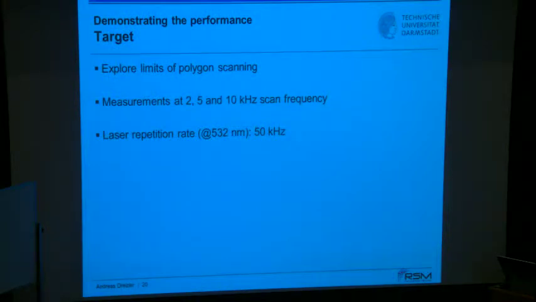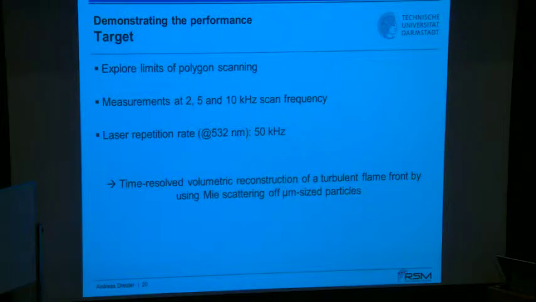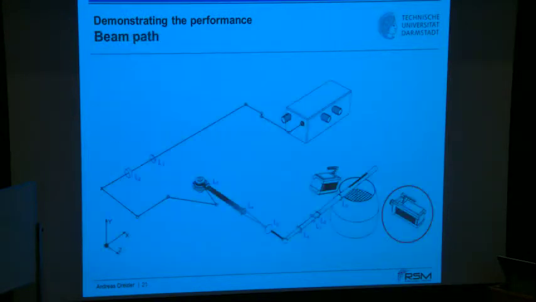First, I would like to show the limitations of that polygon scanning device, dependent on the scan frequency, which has been changed from 2 or 5 to 10 kilohertz, with a laser repetition rate at 532 nm of 50 kilohertz. That has then been applied to a turbulent lifted flame, where we did this volumetric reconstruction using scattering of Mie particles that have been seeded to the flow.